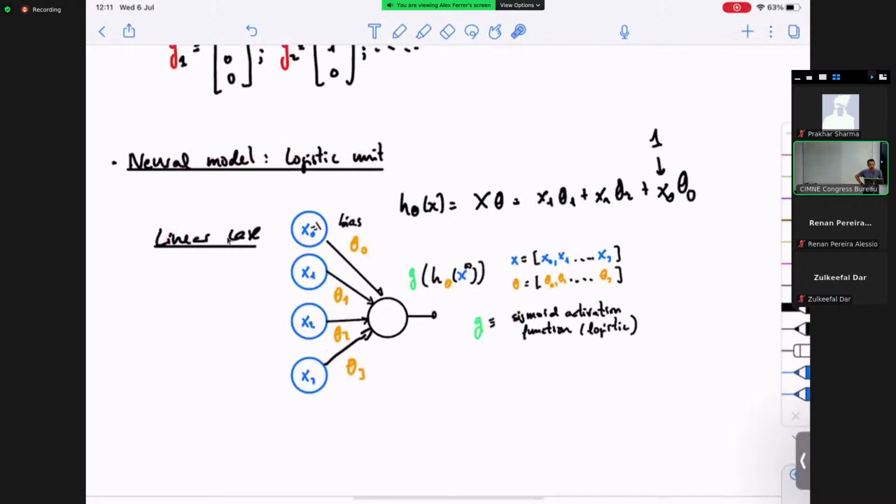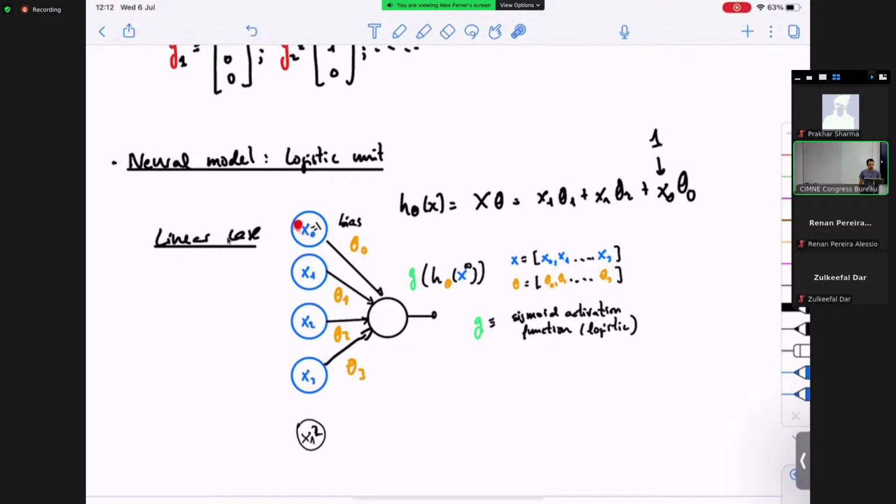We have a linear case. Remember, linear case with theta. Theta times x. We can put here also, if we want, x1 squared. So here you put the inputs of the data, x0, x1, x3. And then here you put the output. What is the output? It is the multiplication of theta times x.